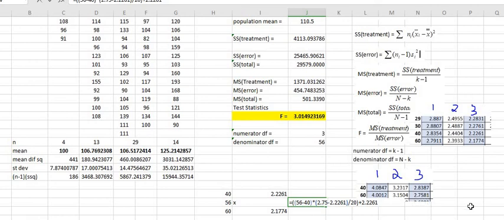Okay, gumulo na. Minus yung 2.226 sa 40 yon. So, sa 40, 2.8387. And then, the other one, itong 2.2261, nasa 40.